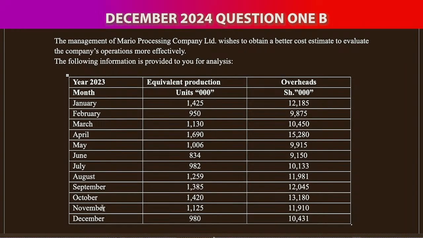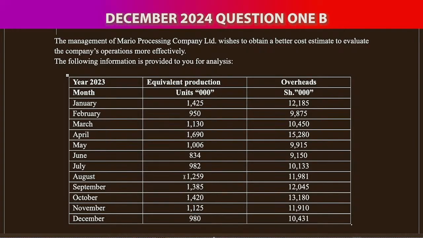In January, you are producing 1425, incurring 1285. February, producing 950, incurring 9875. March, 1130, a cost of 10450. April, 1690, a cost of 15280. May 1006, a cost of 99.15. June 834 units, your cost is 91.50. July 982 units, overhead of 10,133 shillings.